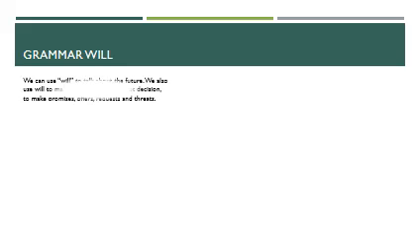Let's start with the grammar part, will. We can use will to talk about the future. We also use will to make predictions, to talk about decisions, to make promises, offers, requests, and threats.